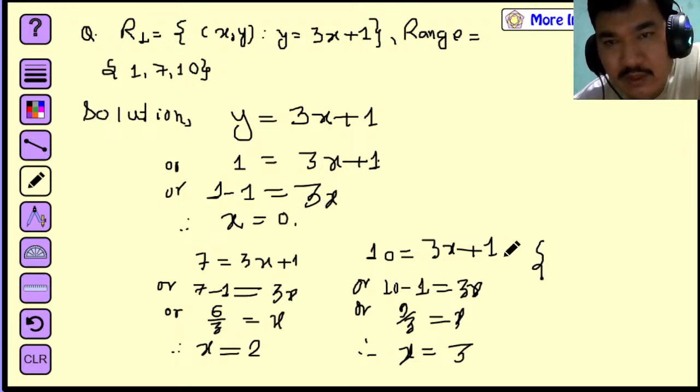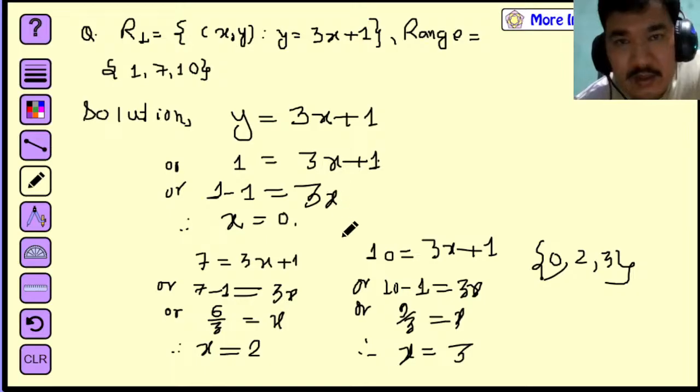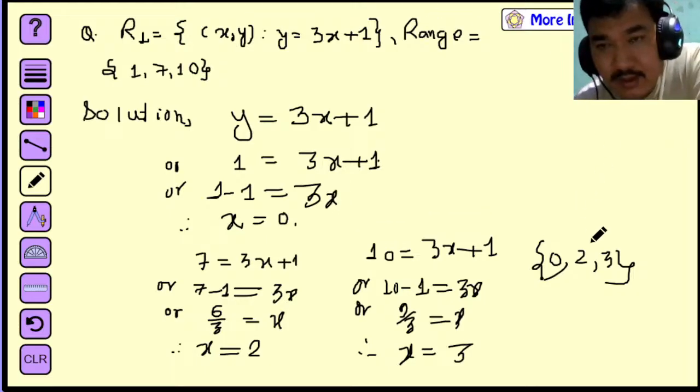First, the value of x is 0, next the value of x is 2, and the last value of x is 3. This is the domain.